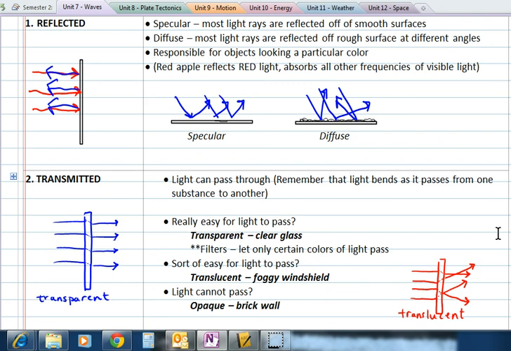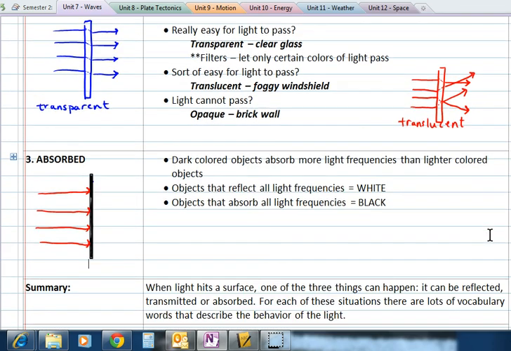So you can kind of see through it, but kind of not. That's what we call translucent. Or the light can't pass through at all. We call that opaque, and that's like a brick wall. Light does bend as it passes through these substances, and we'll talk a little bit more about that in the next few days.